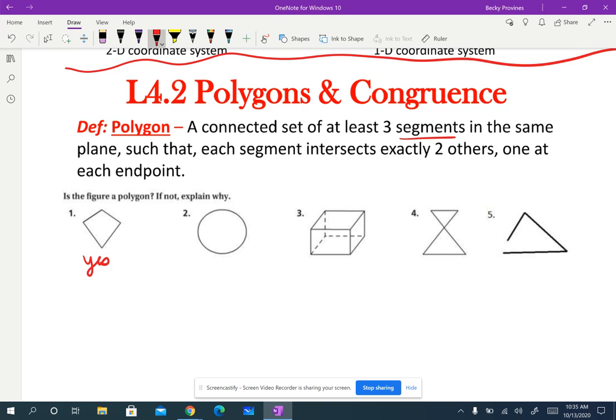This is a circle. So even though many people think circles are polygons, they are not. So we're going to say this is not, so no. And the reason is it doesn't have at least three segments.